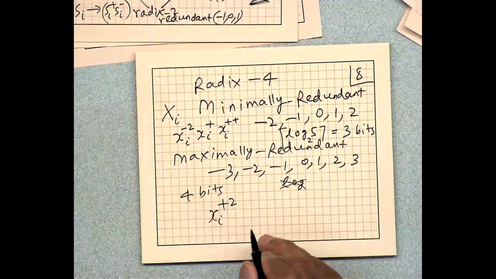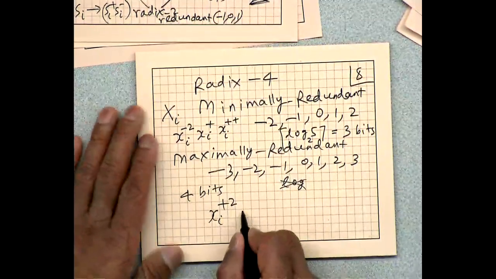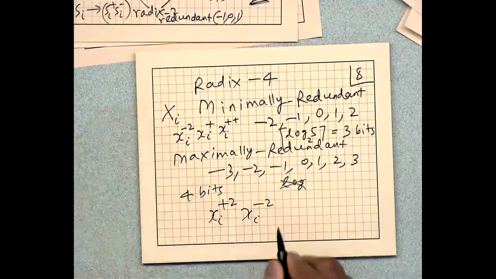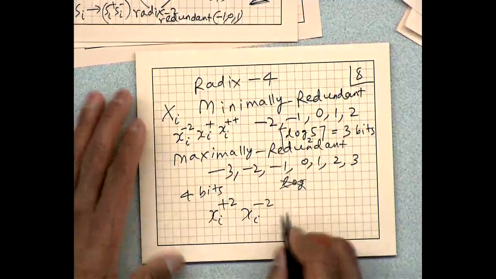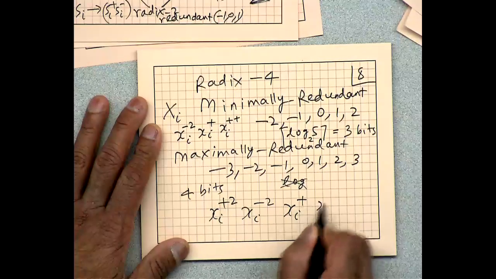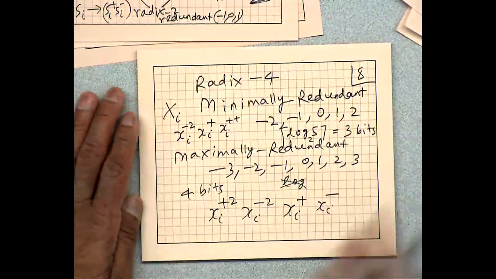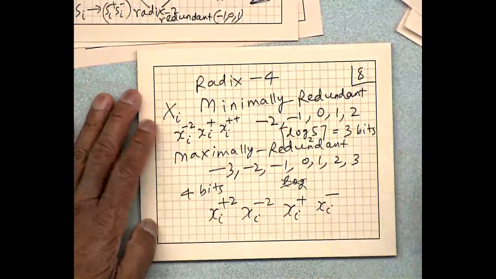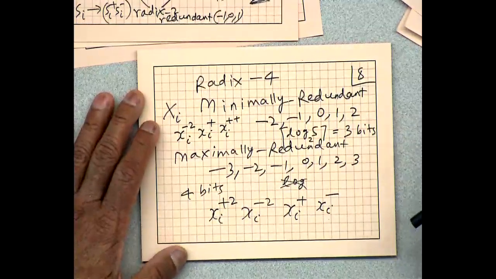Let me just stick to the book notation. Yeah, xi plus 2, xi minus 2, and xi plus and xi minus. Okay, so think about what we are saying.